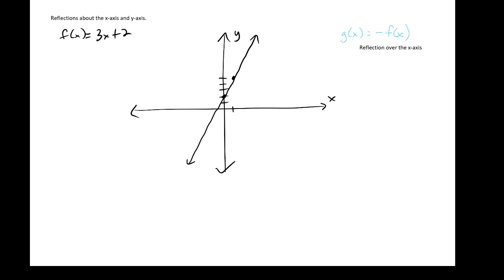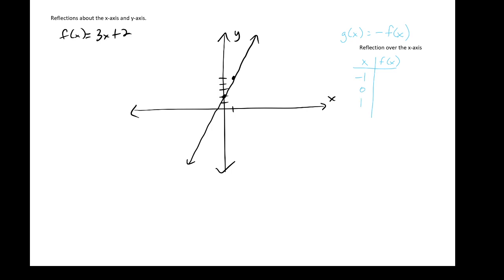So if we had inputs and outputs, all of our inputs are going to stay the same, but our outputs are going to have their signs flipped. In other words, if I input back into the f of x, I prefer to do it like this: x, and then the f of x. -1, 0, and 1.